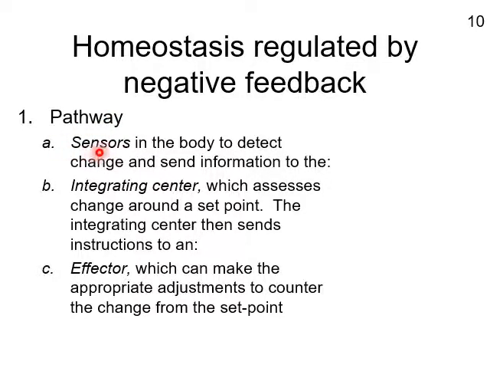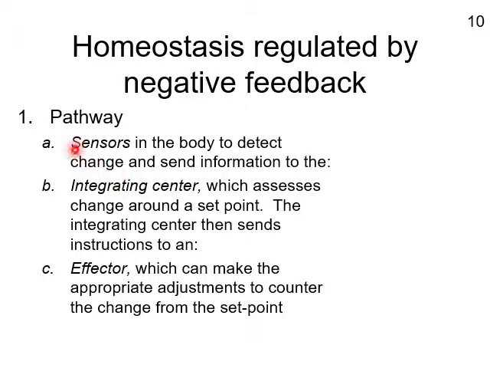So let's use our blood pressure example. Those baroreceptors, let's use high blood pressure. The sensors are getting stretched, and therefore they are detecting that blood pressure is going up. The sensors will send that information to an integrating center. Many times that integrating center is the brain or the spinal cord. In our case, there are regions of the brain that are involved in regulating our blood pressure.